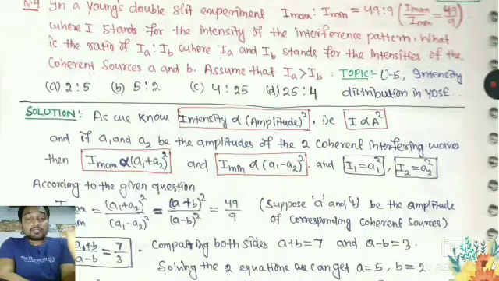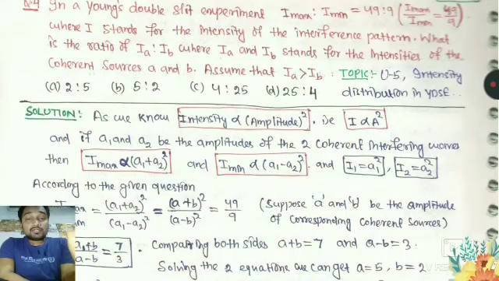a and b are the amplitudes, but corresponding to these amplitudes, the intensities are a square and b square respectively. So Ia is to Ib will be 25 is to 4. You only have to remember here that intensity is directly proportional to amplitude square. This formula will lead you to solve all the problems.